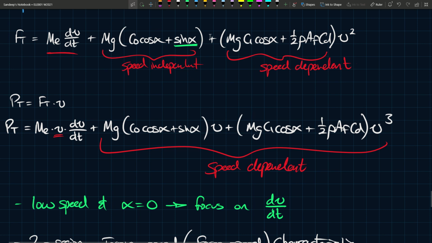So we realize that at low speeds, this term is obviously not dominant, because v is very small, and so this term would be dominant, and that means that at low speeds most of the force should be applied to try to speed the vehicle up.